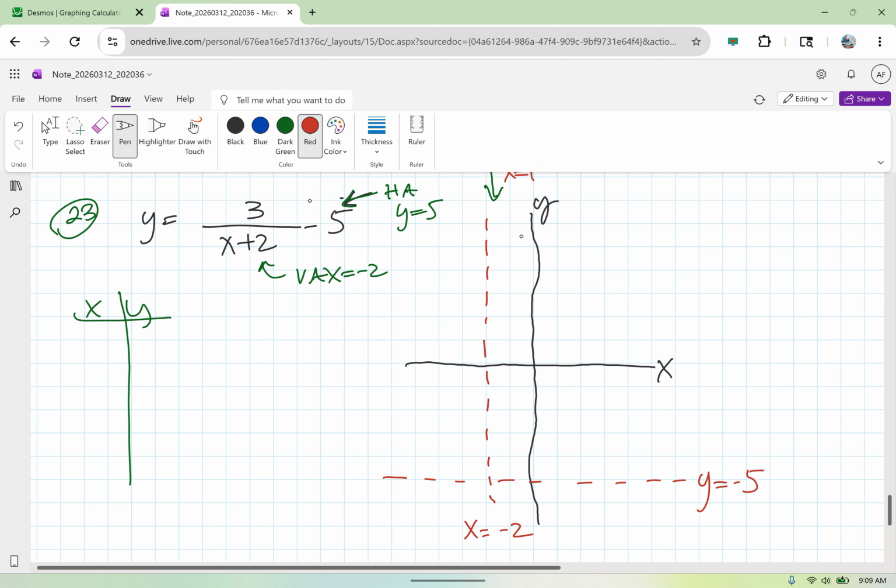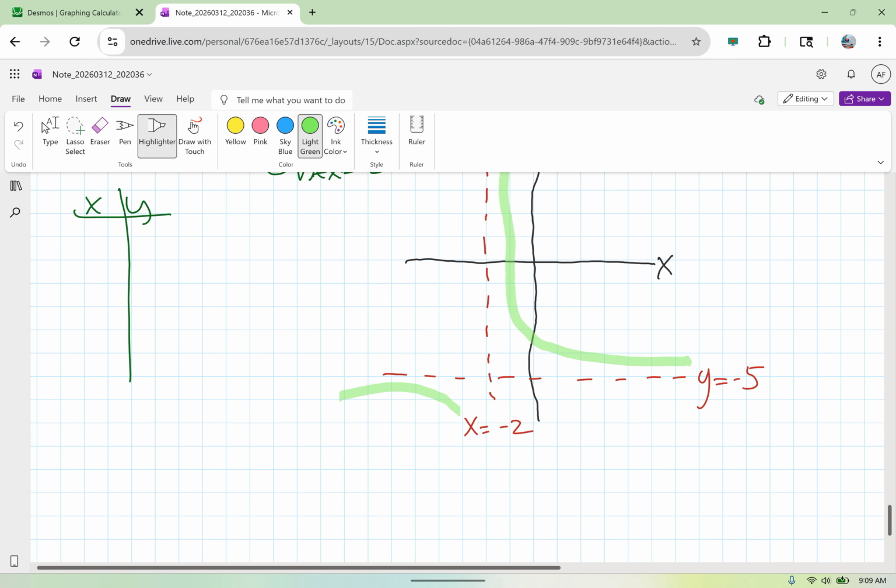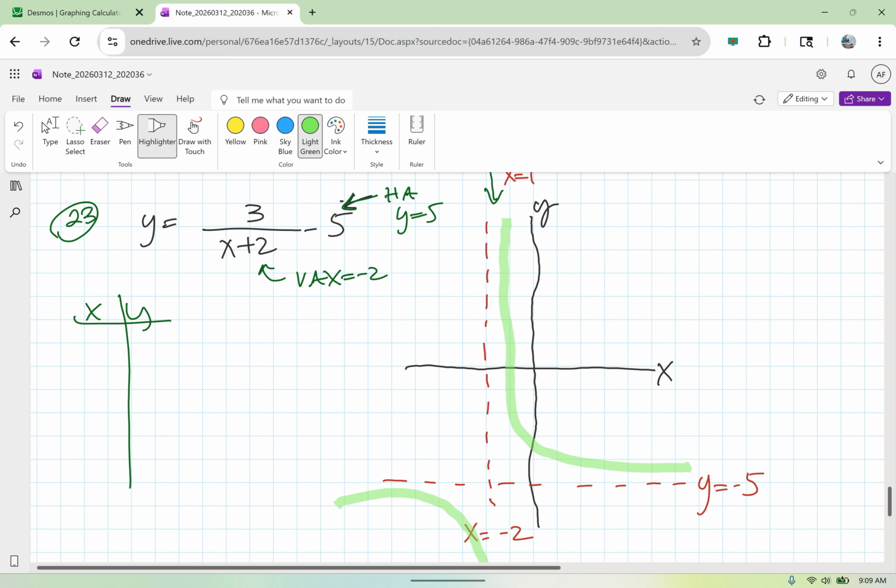So it's positive, it's not reflected. I have a dilation of 3. My graph's going to be somewhere like this and like so. So use that to estimate some smart x values when you're doing yours.